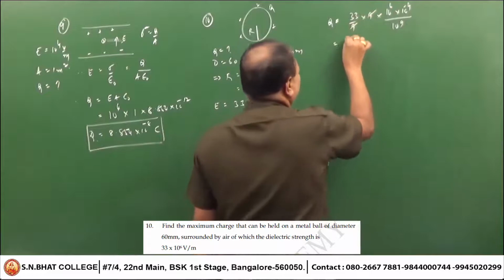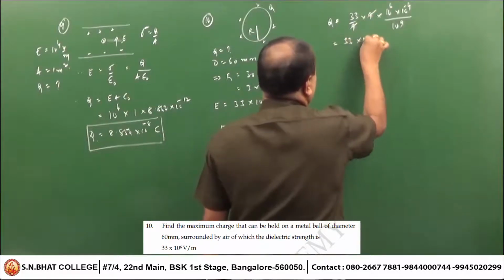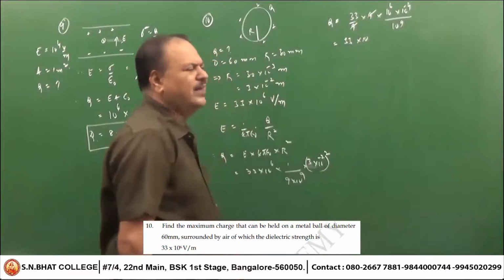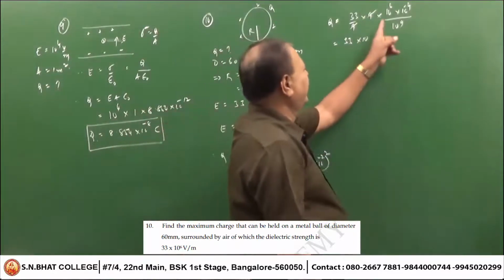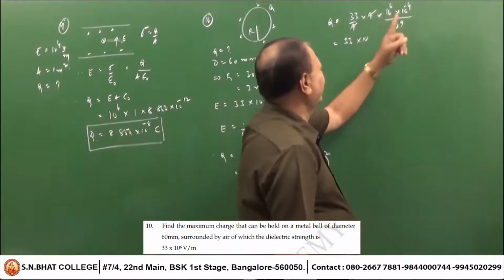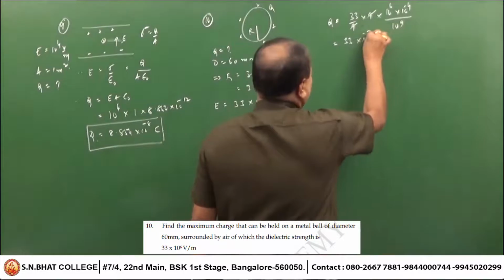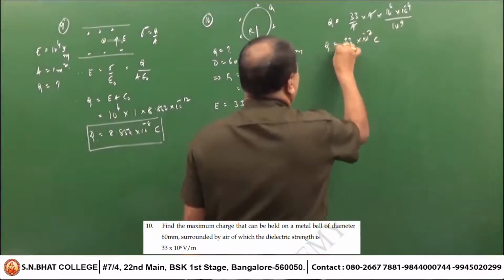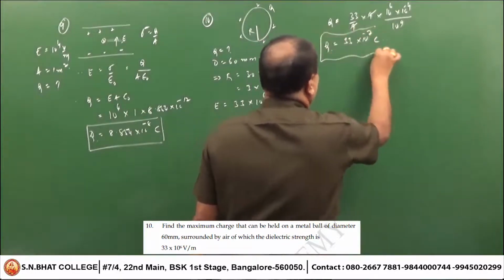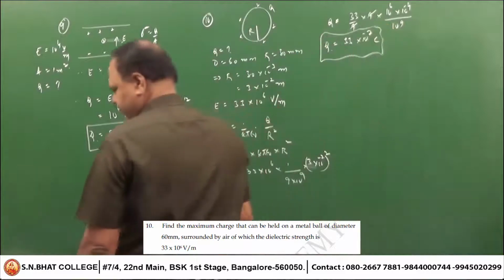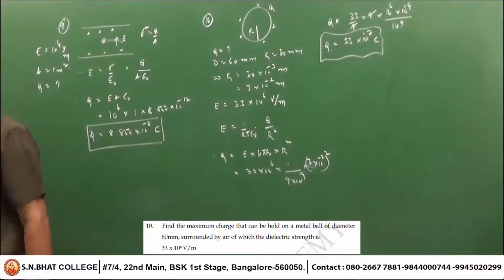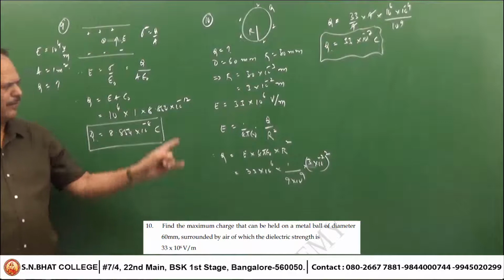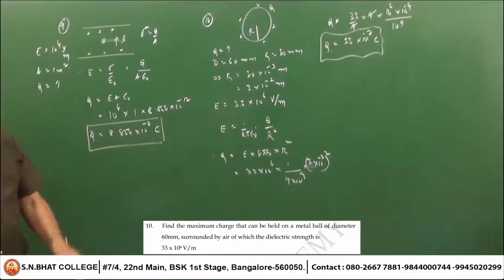Cancel. 33 into 10 to the power of, here 6, here 9, 3 remains, in the numerator -7 Coulomb. That's all. Understood? Very important, you must know all these well.